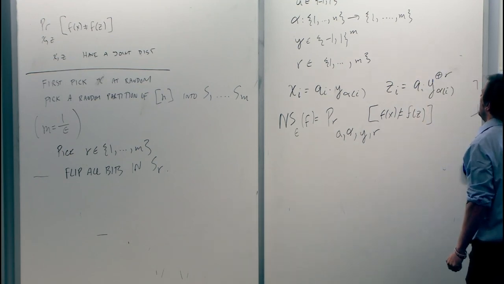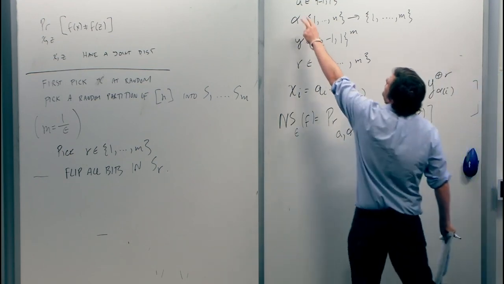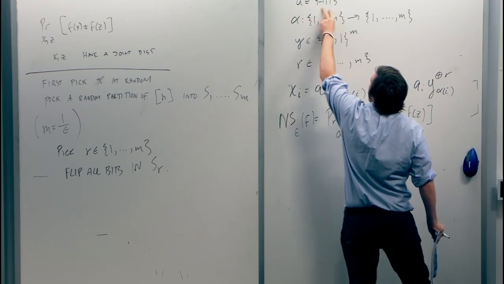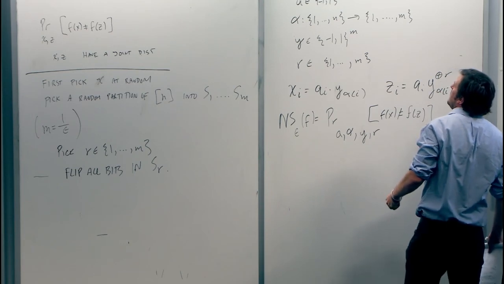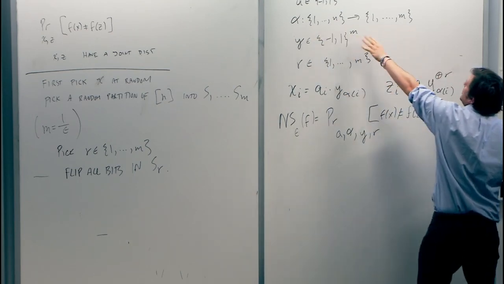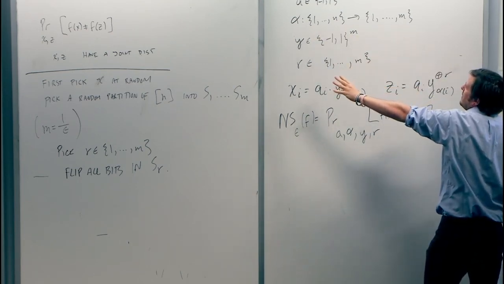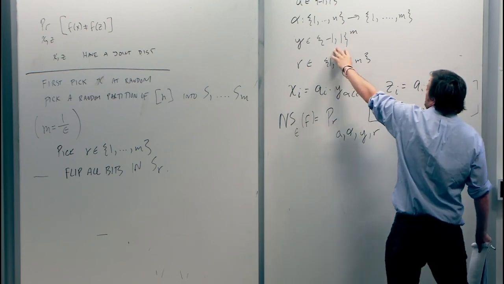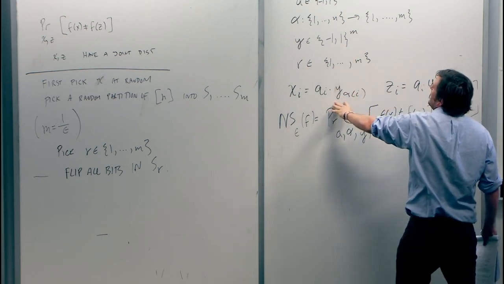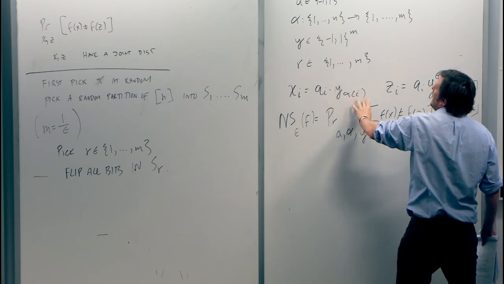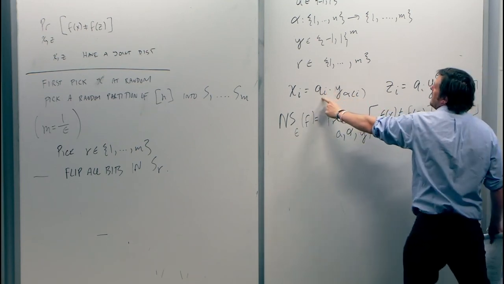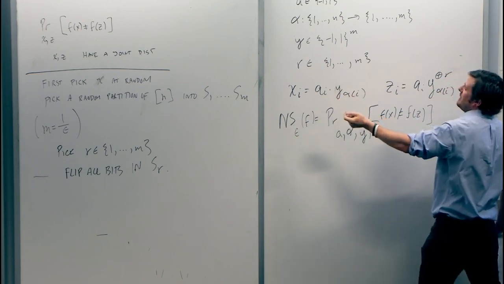So I'm claiming that this is like your input string. This is some random string A. Then I'm going to pick a partitioning into buckets. I'm going to pick y, and I'm going to take ai times y alpha i. So this is literally picking a random string of length n, and then I'm randomly flipping some of the other bits.